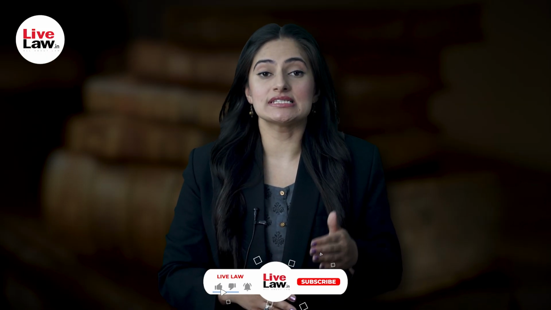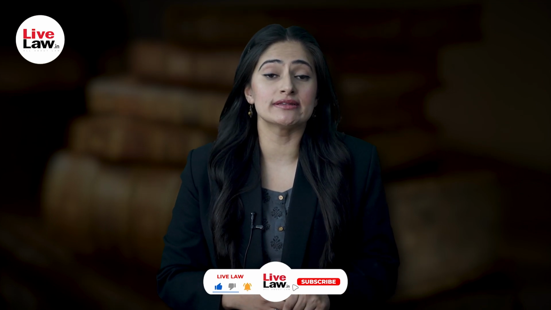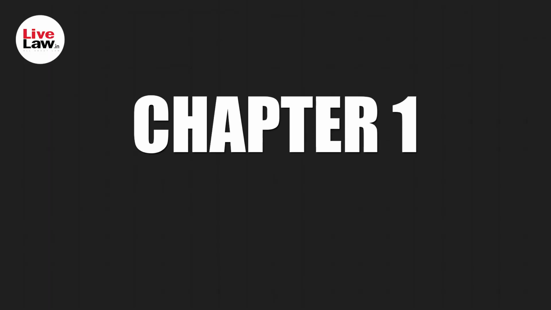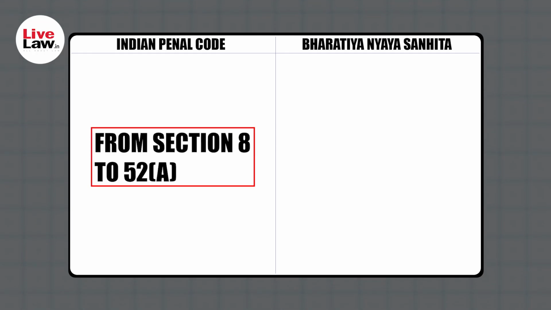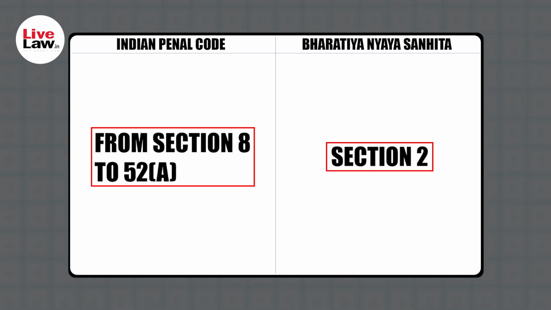Let us now take a quick scan through the major changes section-wise that have been introduced in the new Penal Code, the BNS. Starting with Chapter 1, that is the definitions. Earlier, these interpretation clauses could be found from Section 8 to 52A, but now have been brought under Section 2 of the BNS in an alphabetical order for easy reading.